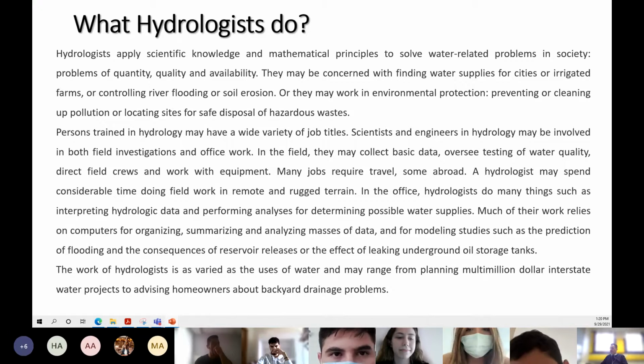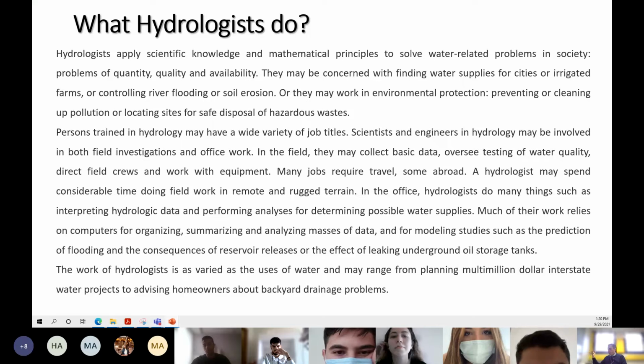Great. Here you see that the author summarized some potential projects that a hydrologist can work on. Now I want to ask you to give me some real projects that a hydrologist designed or worked on in your country.